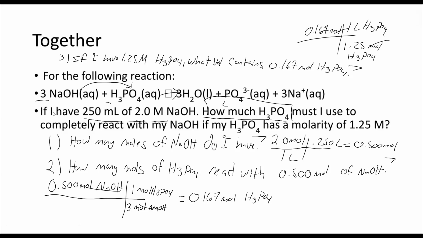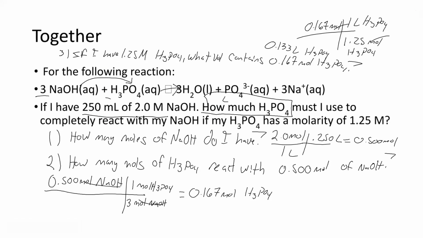That is 0.167 divided by 1.25, so that is 0.133 liters H3PO4. That is the answer to my problem there. I need 0.133 liters of H3PO4 to react with 250 milliliters of 2 molar sodium hydroxide.